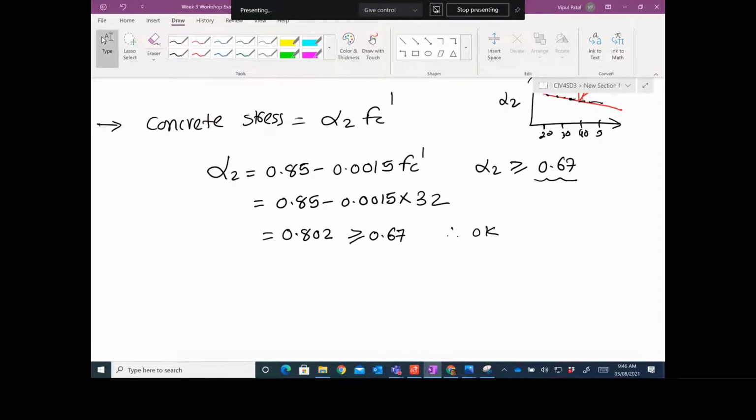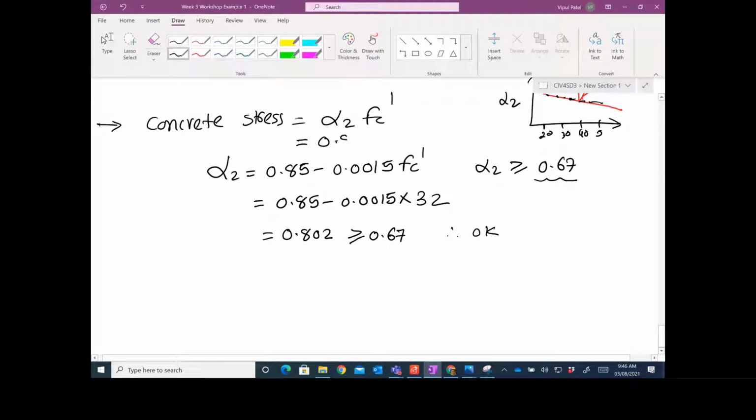All right, so we have alpha 2, which is 0.802 times 32 megapascals, which is 25.664 megapascals. So this is the stress in our concrete.